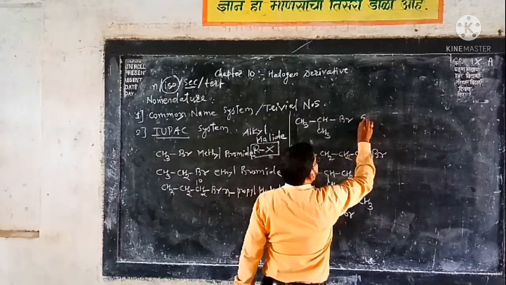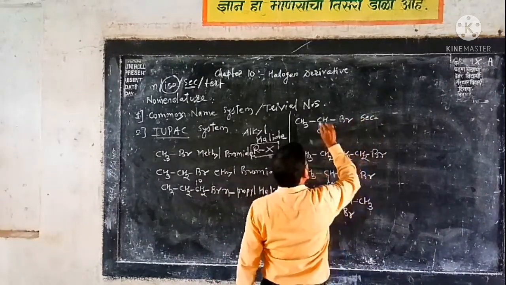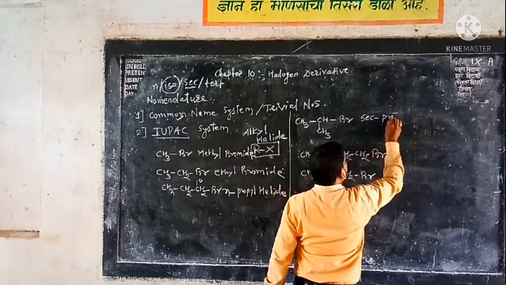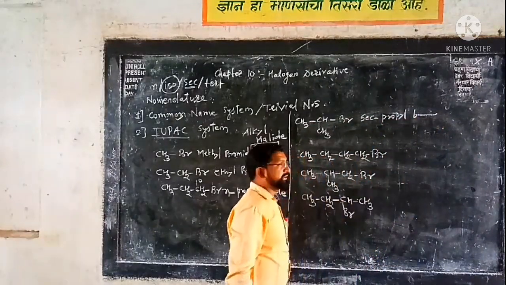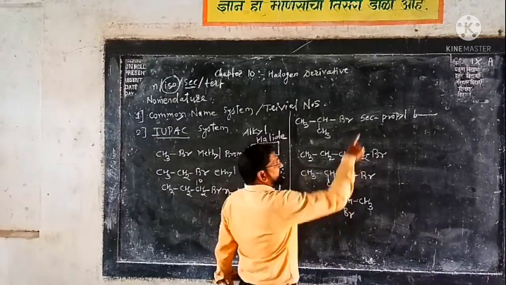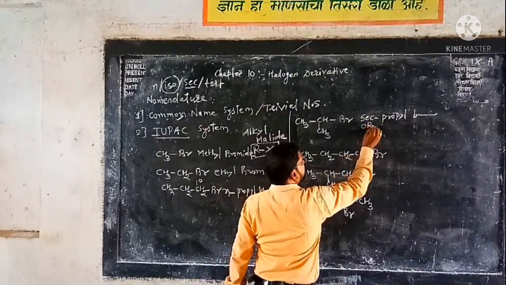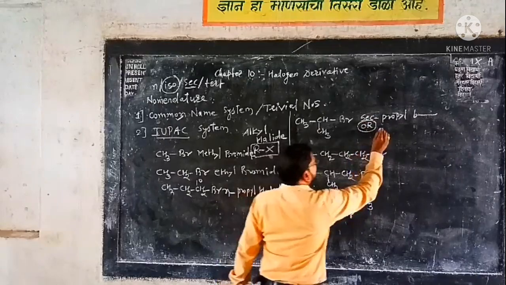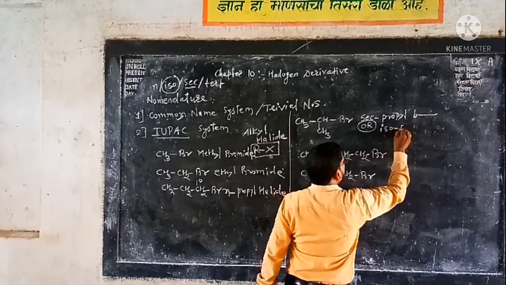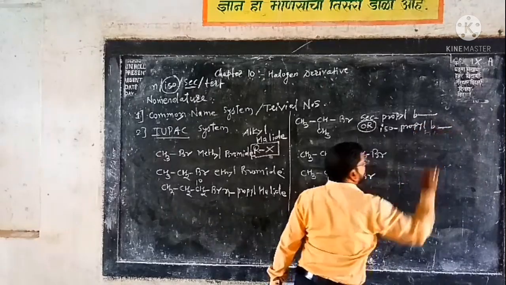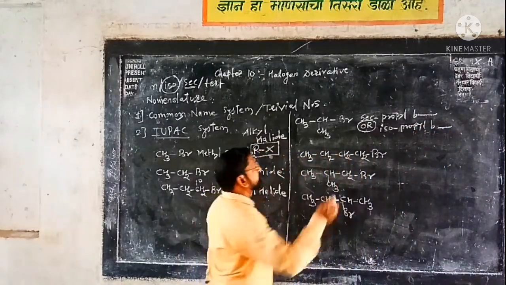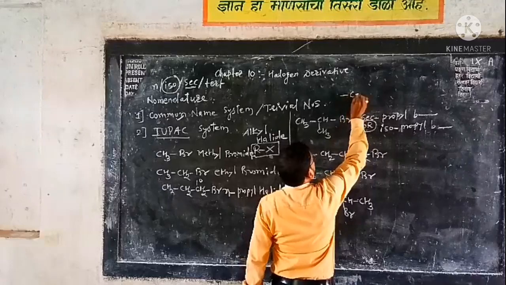This is called secondary propyl bromide. I am not writing the complete name. This is the special case, or it is also written as isopropyl bromide. Always remember.